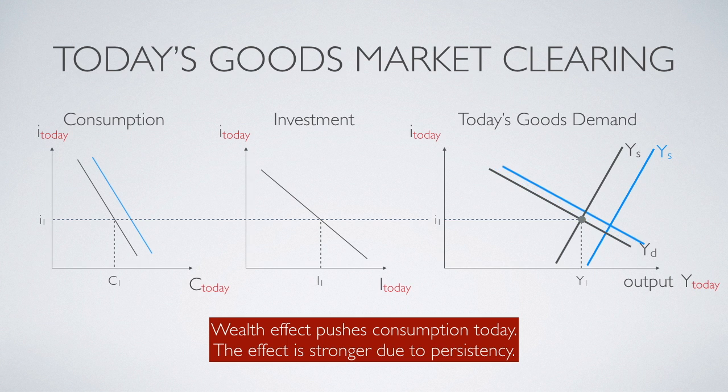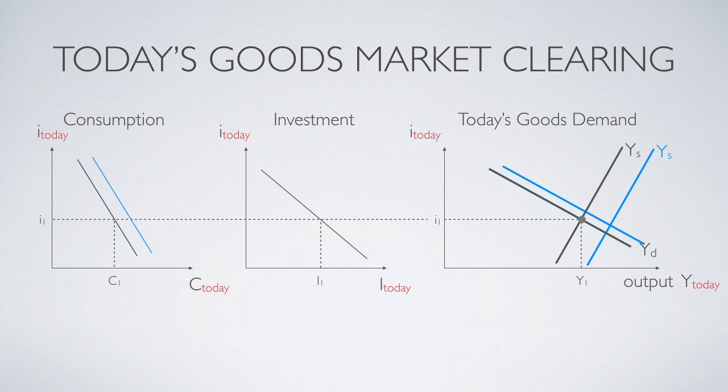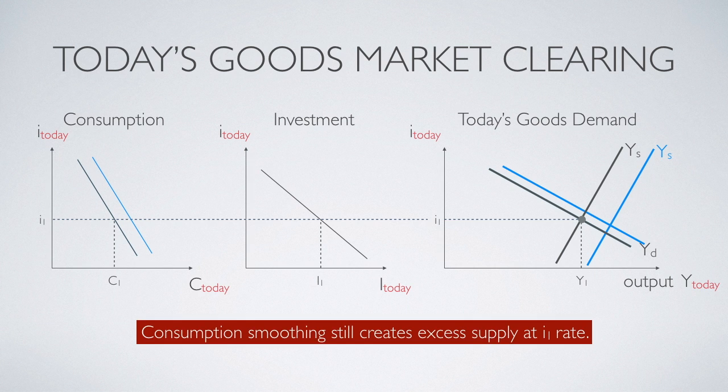And because of that, the final output demand curve will move to the right more than in the previous case. However, because of consumption smoothing, which means that when consumption moves to the right, it will still be less than the increase of wealth coming from the production. Therefore, normally we would still expect there will be excess supply if there's no adjustment in the interest rate I1.